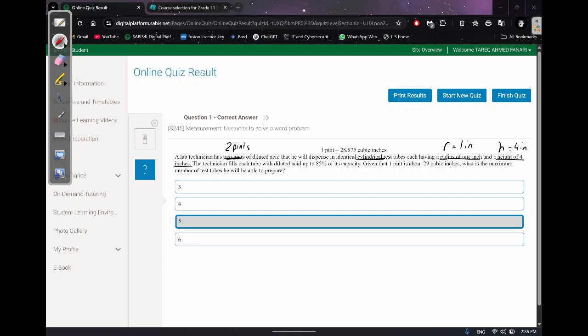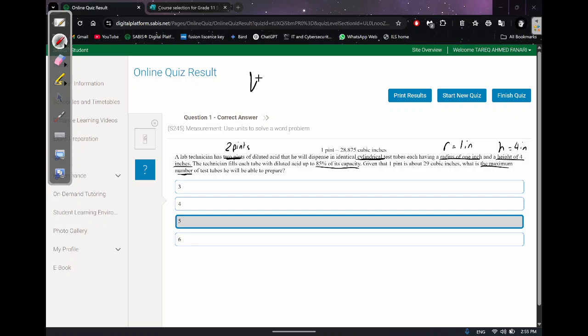The technician fills up the test tube to 85% of its capacity. Okay, this is very important. Given that 1 pint is as stated above, what's the maximum number of test tubes he will be able to prepare? We have 2 pints, right? So what do we use for the cylinder that has volume?